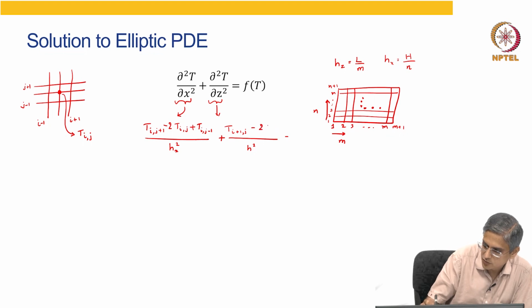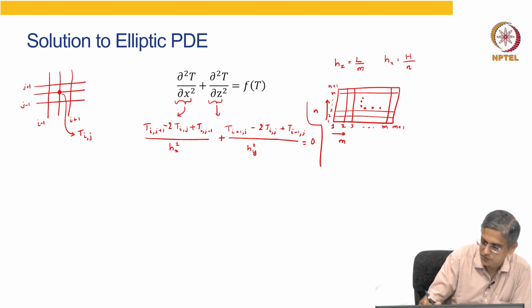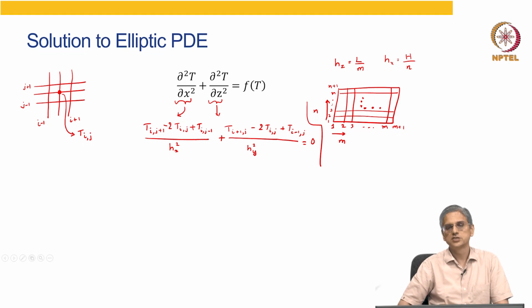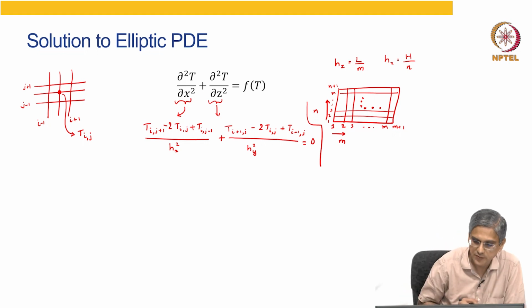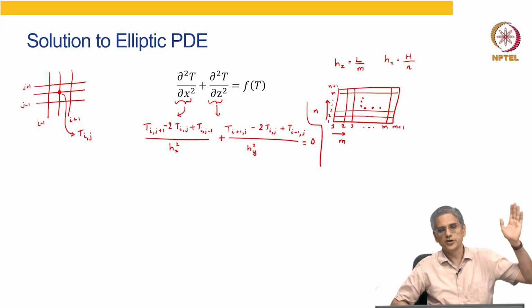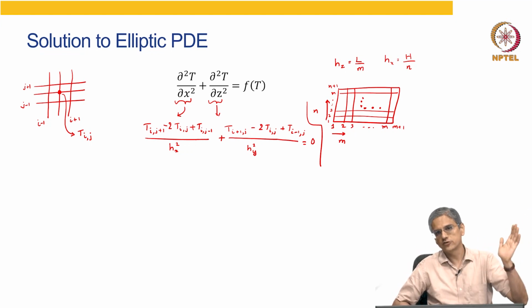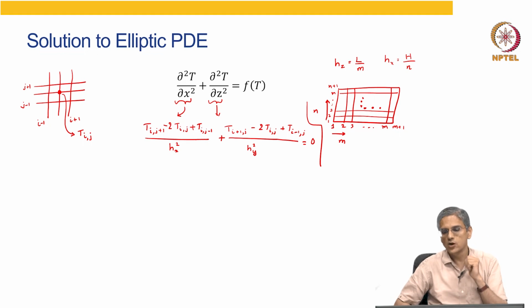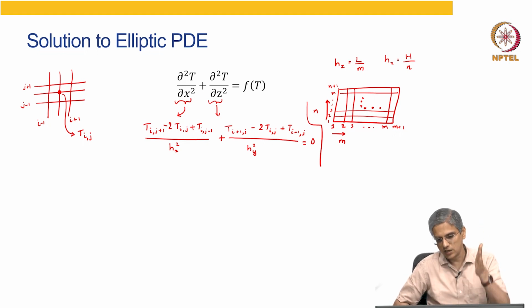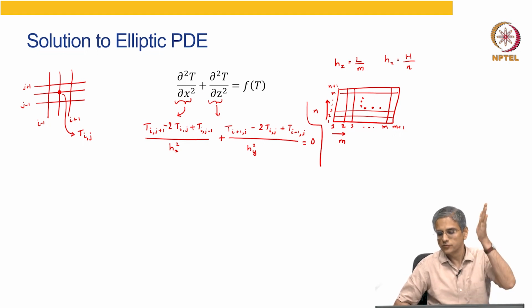Okay, this should be 2 Ti comma j plus T i minus 1 comma j equal to 0. Okay. So, this is the domain equation for i going from 2 to n and for j going from 2 to m. Okay. What happens at j equal to 1?